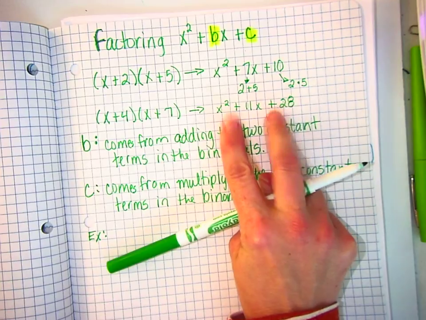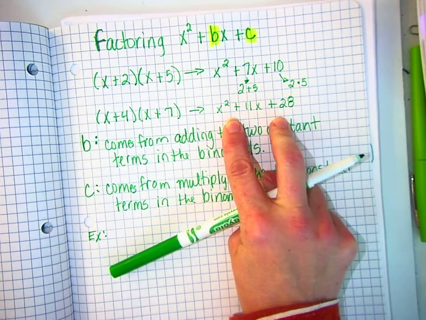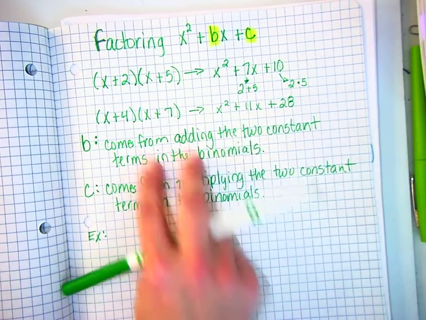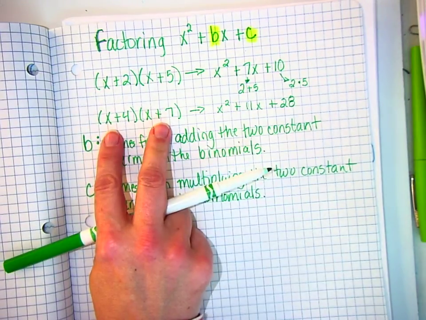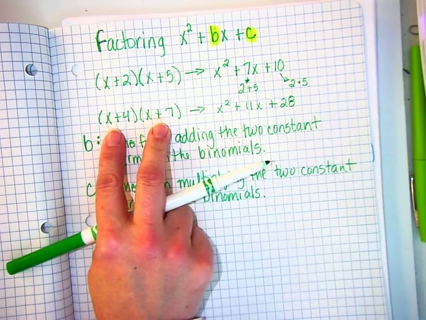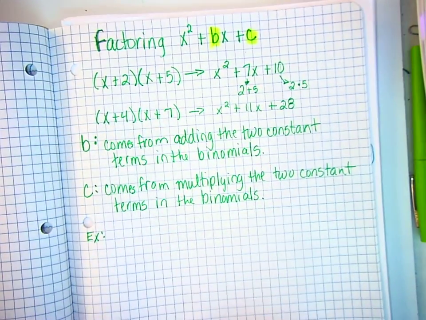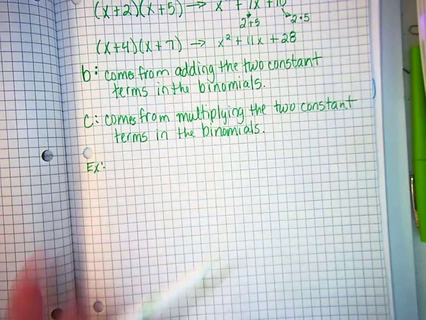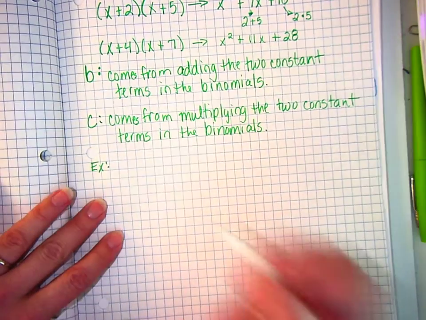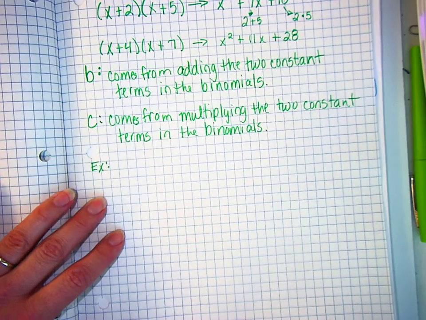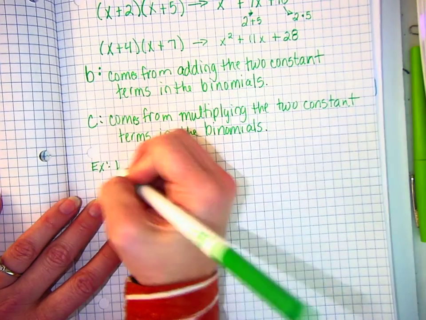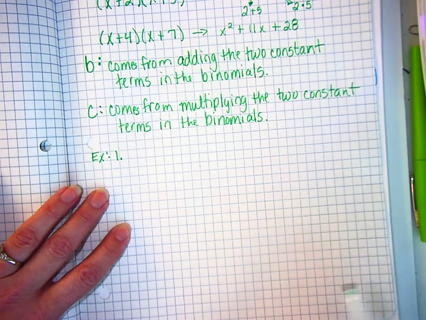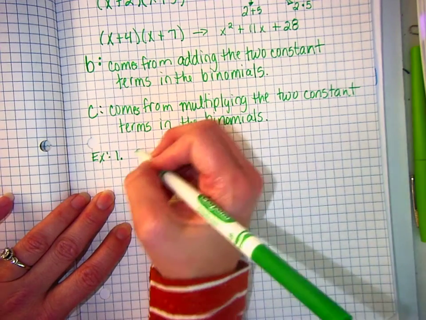Now I'm going to start giving you x squared plus bx plus c form, and you've got to factor it into the two binomials. So you're making that complete circle now. So that's what I'm going to do, is I'm now giving you expressions in the form of x squared plus bx plus c. So the first one, we have x squared plus 10x plus 24.